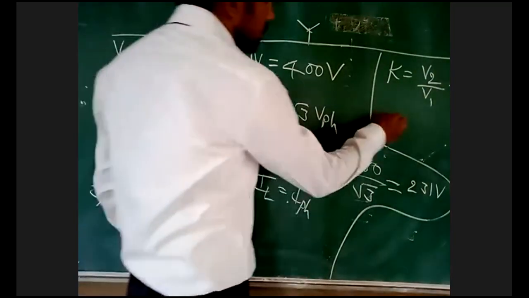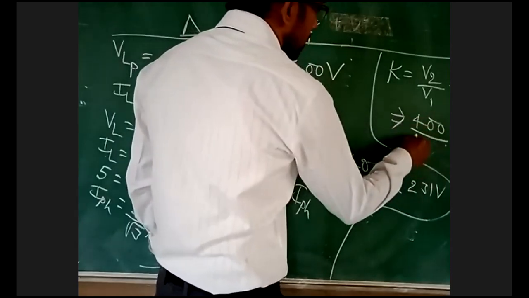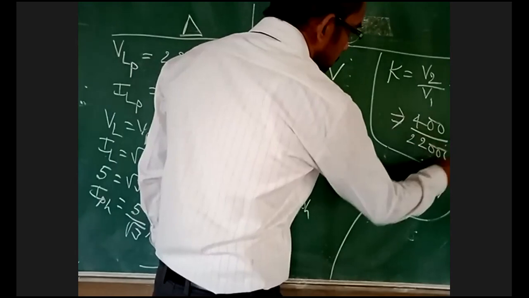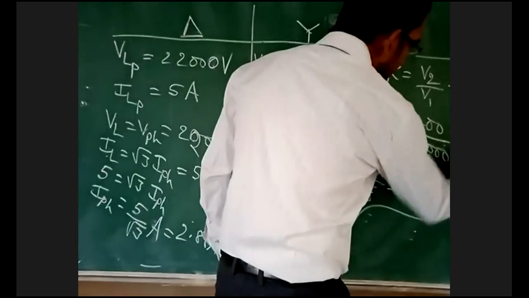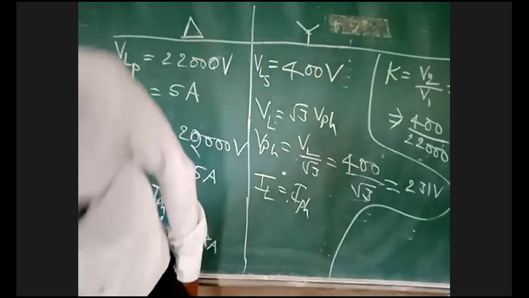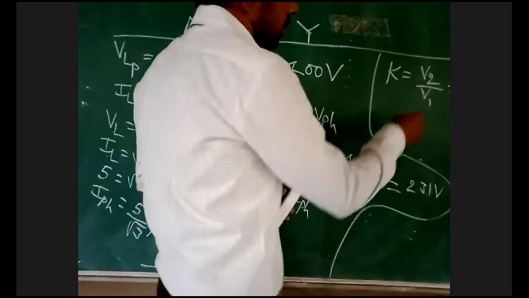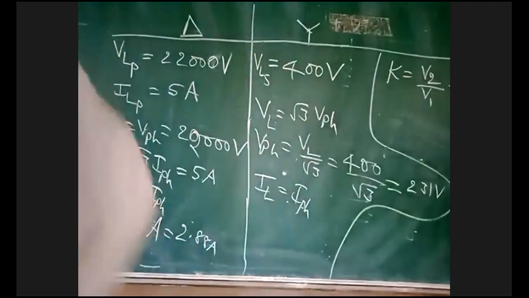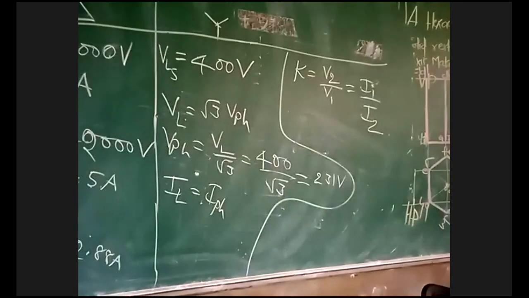V2 is 400, V1 is 22,000, I1 is 5. Sorry, we'll take phase voltages. We'll take one phase voltages. V2 is phase voltage, V1 is phase voltage, I1 is phase current, I2 is phase current.